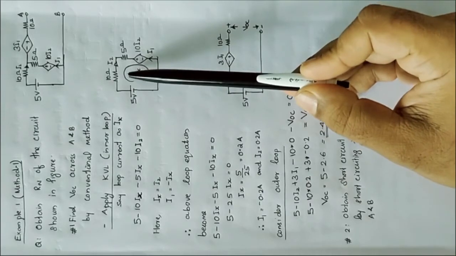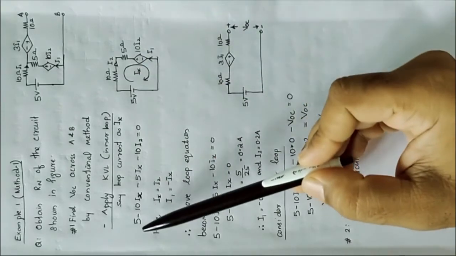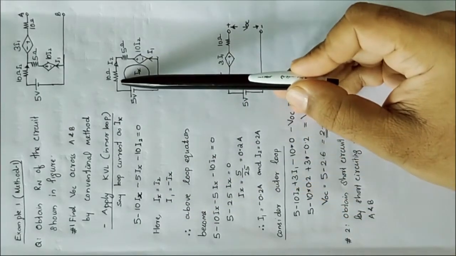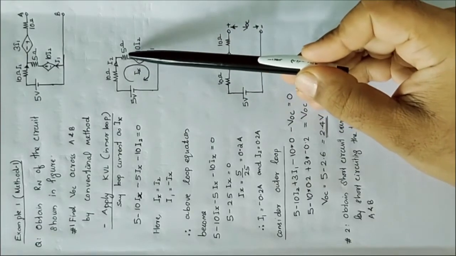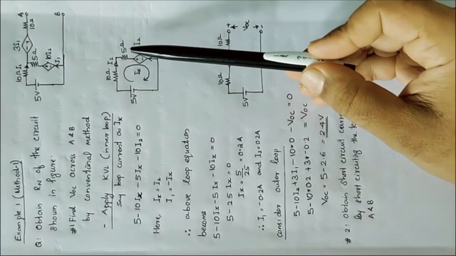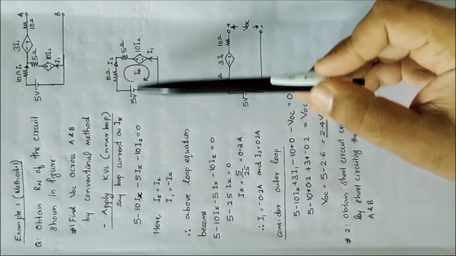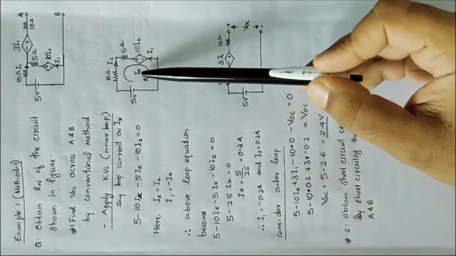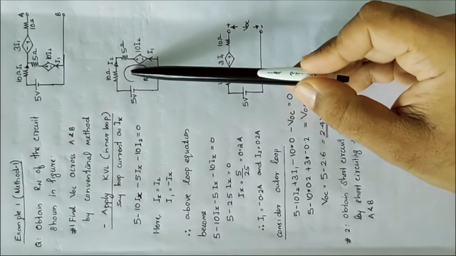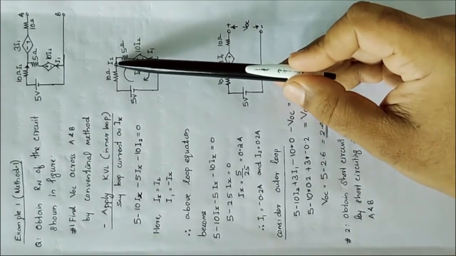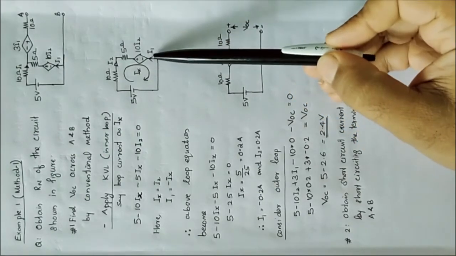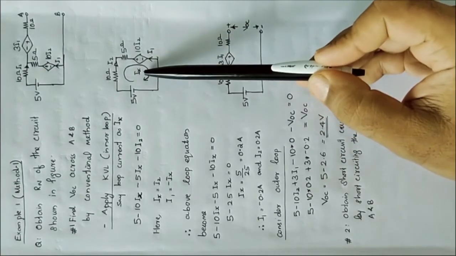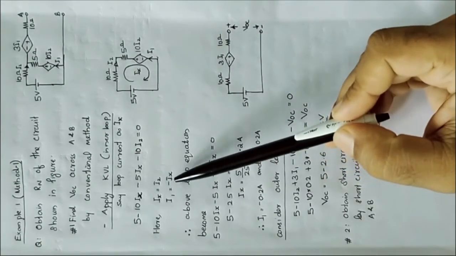Suppose we write KVL here, the equation becomes 5 minus 10 Ix minus 5 Ix minus 10 I2 is equal to 0. From the circuit, Ix is exactly equal to I2 and I1 is opposite to Ix, that is, I1 is equal to minus Ix.